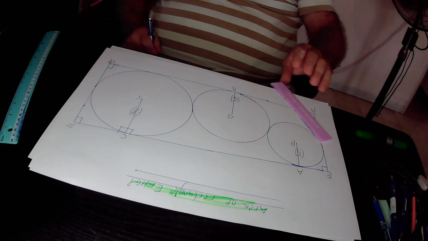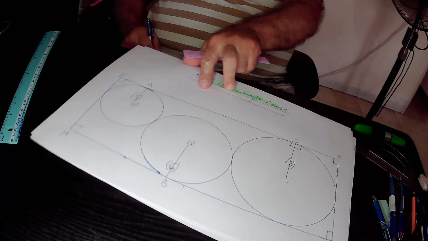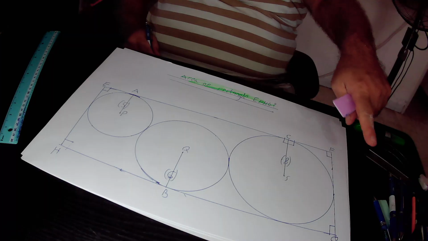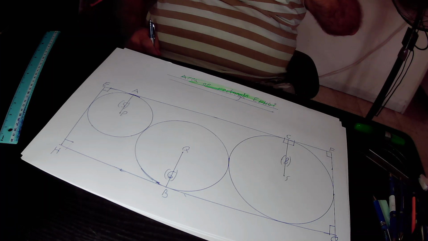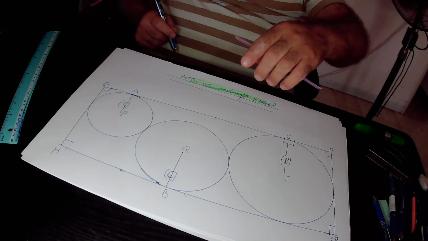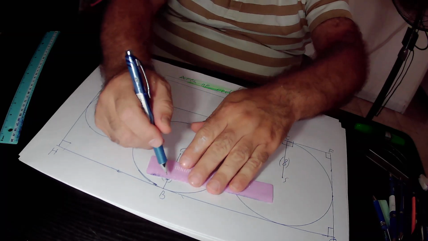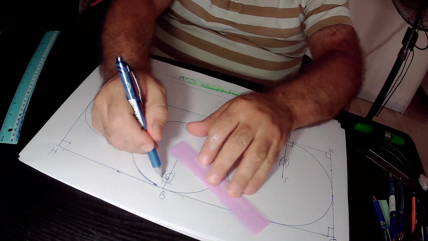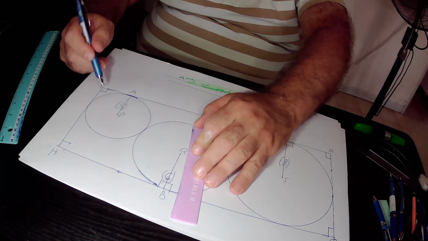Likewise, we have tangent HQ that is tangent to this circle at point B. So I'll not repeat the same process. According to rule 1, this angle equals 90 degrees, and this angle also equals 90 degrees.